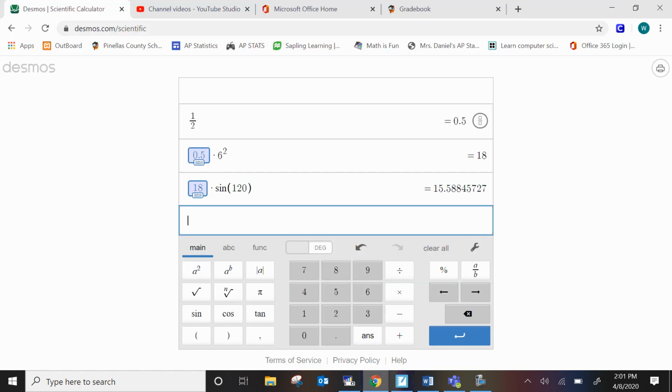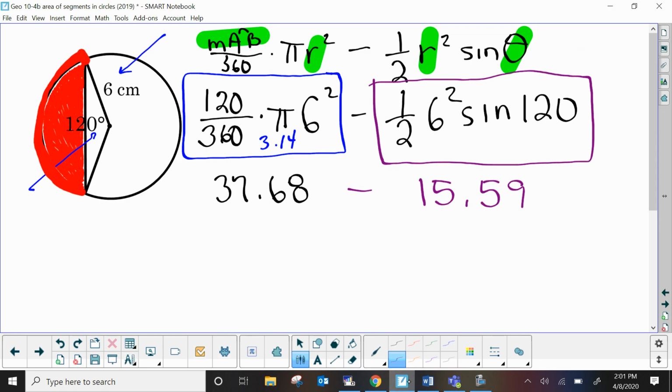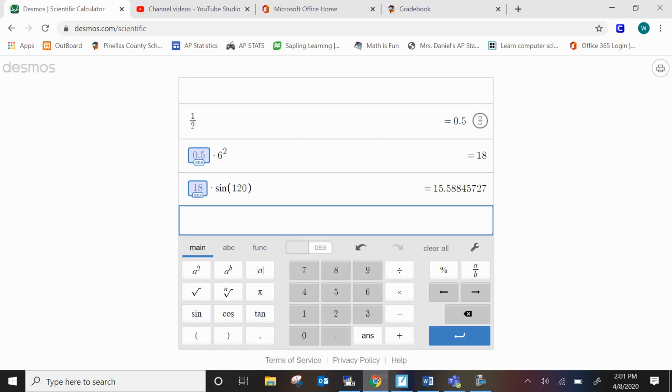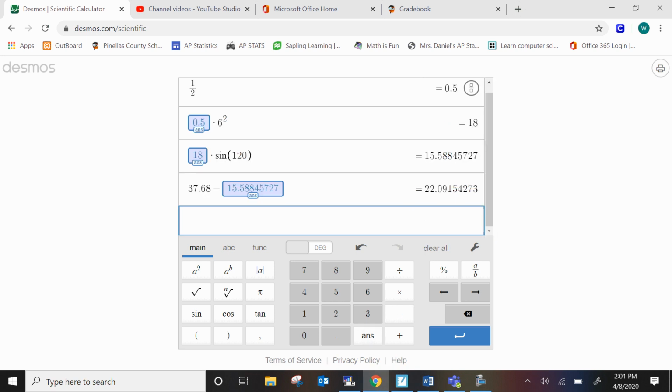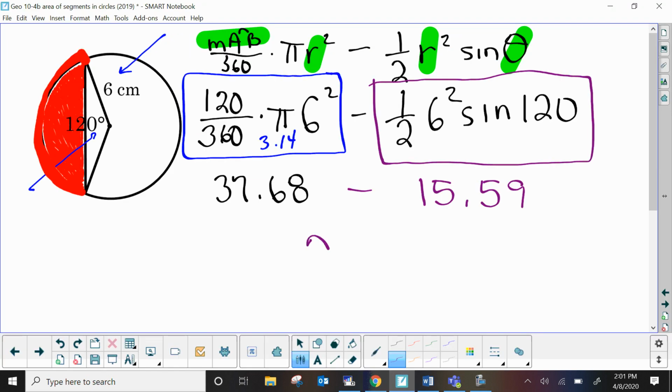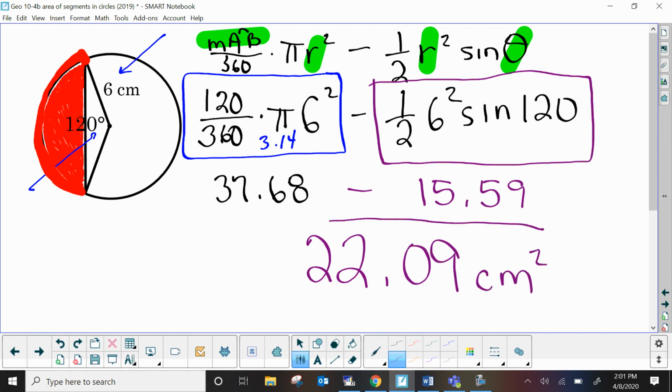So 37.68 minus the answer, which we just got, 22.09 centimeters squared. Because remember, when we're finding area, area will always be units squared.